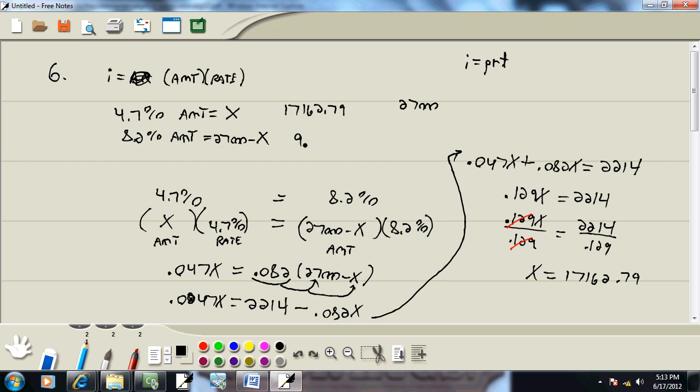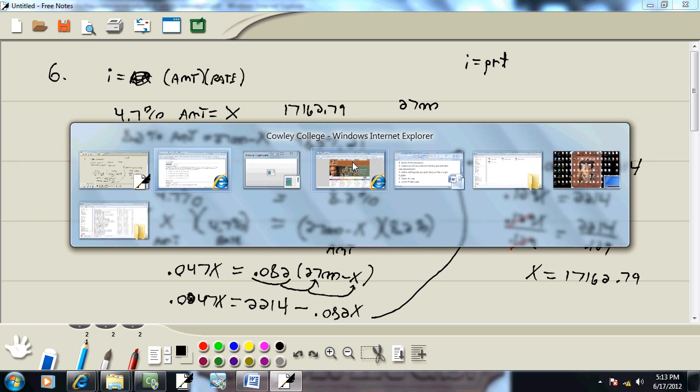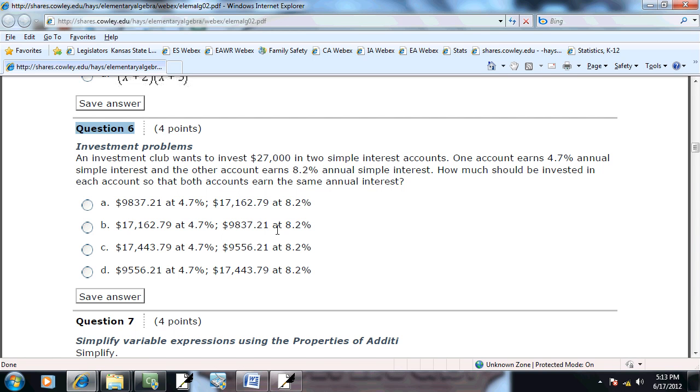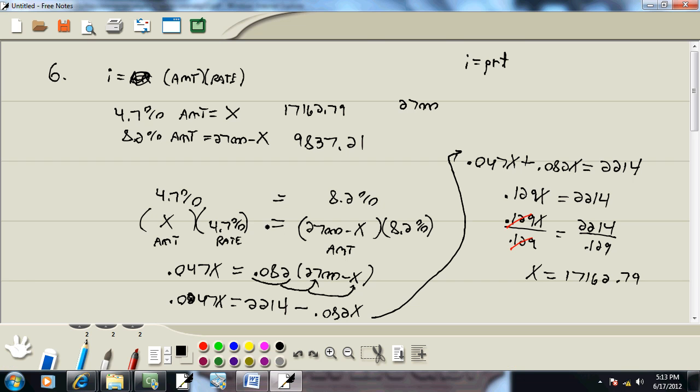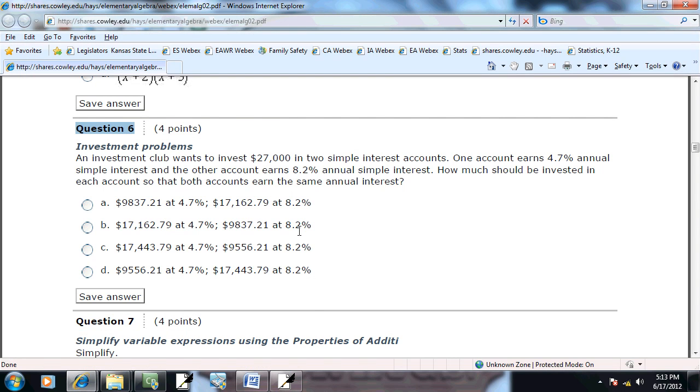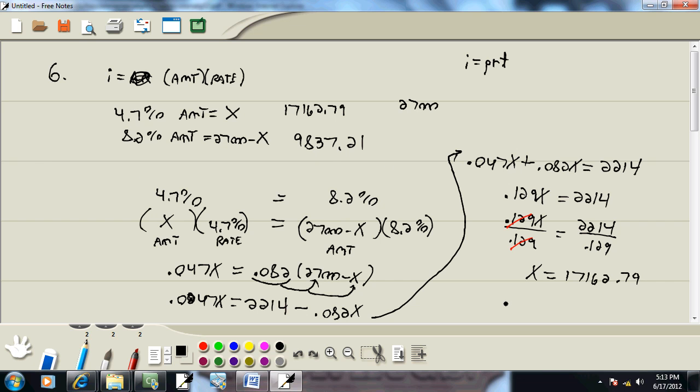So this one should be 9837.21. Okay, so let's see. 17,162.79 at 4.7%, and then 9837.21 at 8.2%. So it'd be B. So our answer is B.